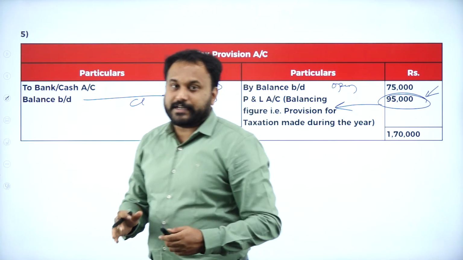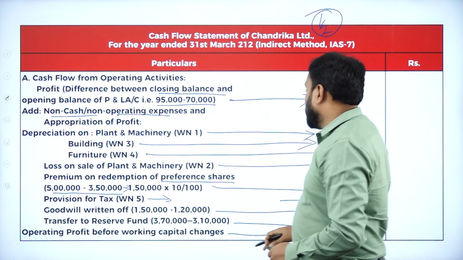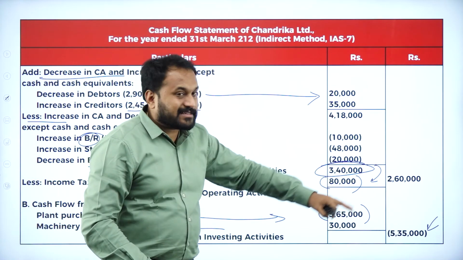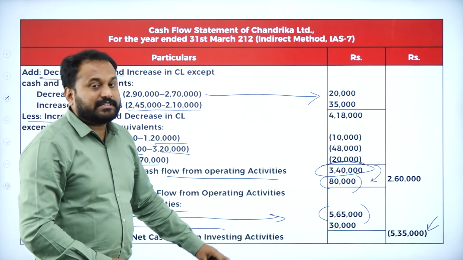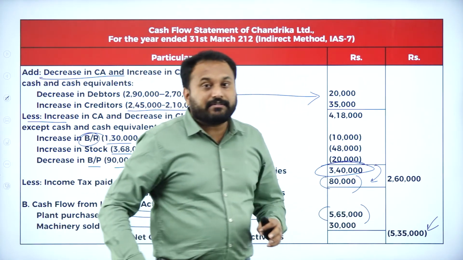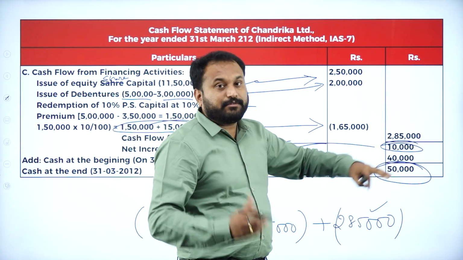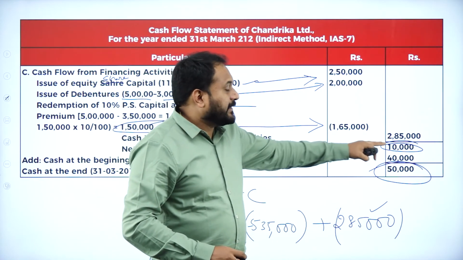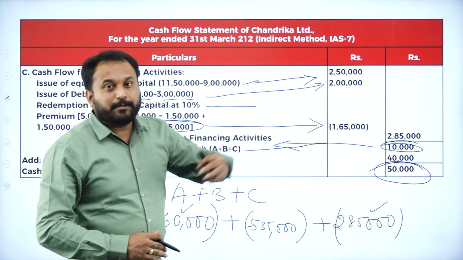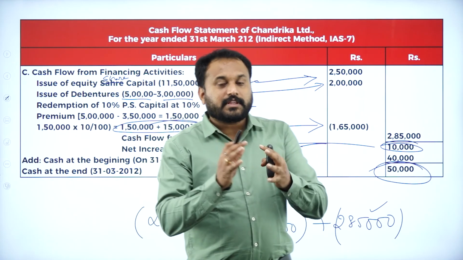Next, the format of operating, where after deducting everything we got 2,60,000. Then investing, negative 5,35,000 because we have invested more. Then financing, 2,85,000. Then A plus B plus C gave us 10,000. Adding the opening balance, the closing balance is 50,000. The answer is correct.